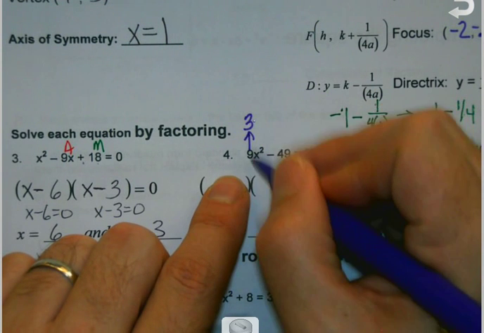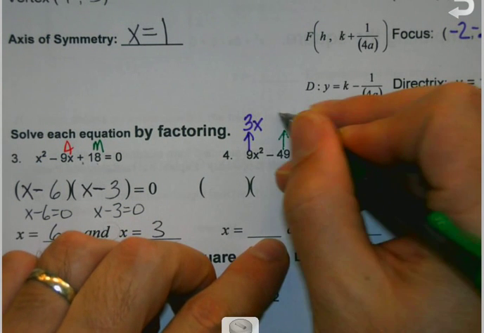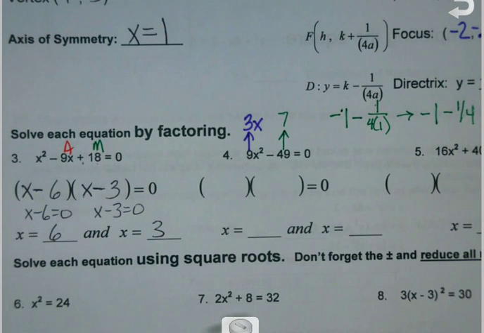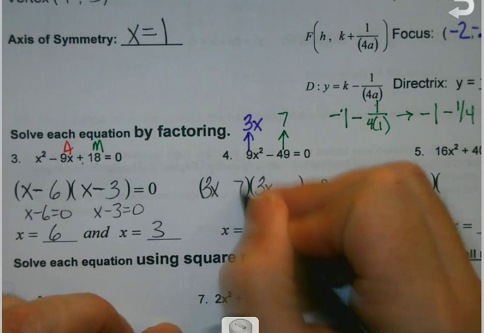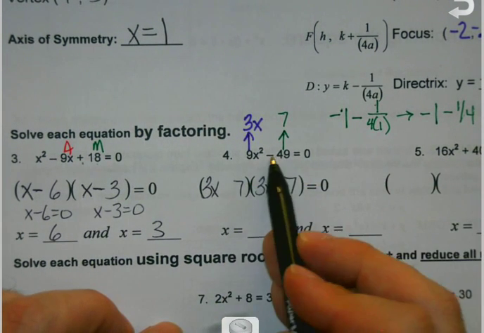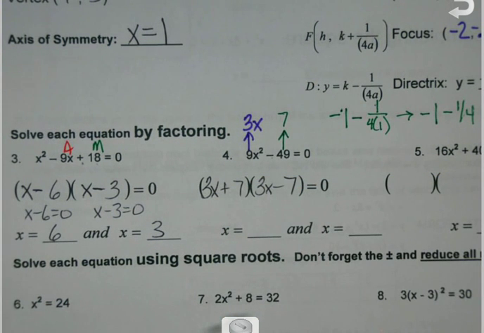Well, 3 squared is 9, and x squared is x squared. 7 squared is 49. I have all the values I need now to put in my parentheses. 3x, 3x, 7, 7. And since I'm multiplying to get a negative, one of each.